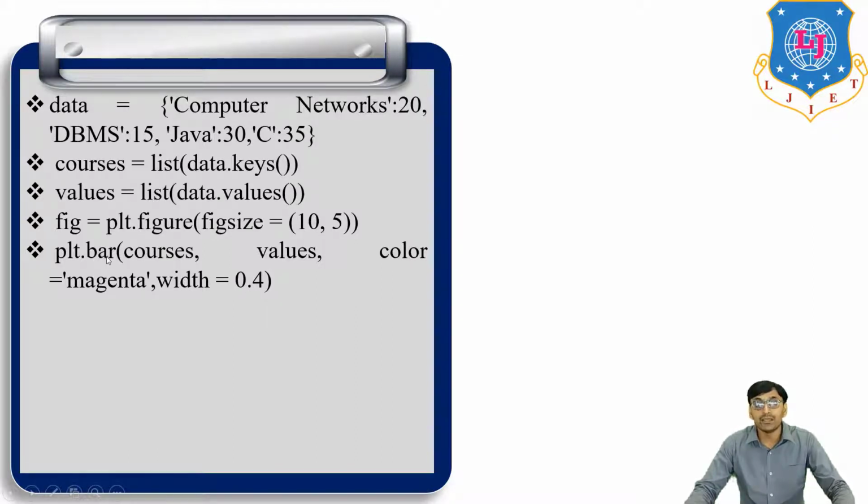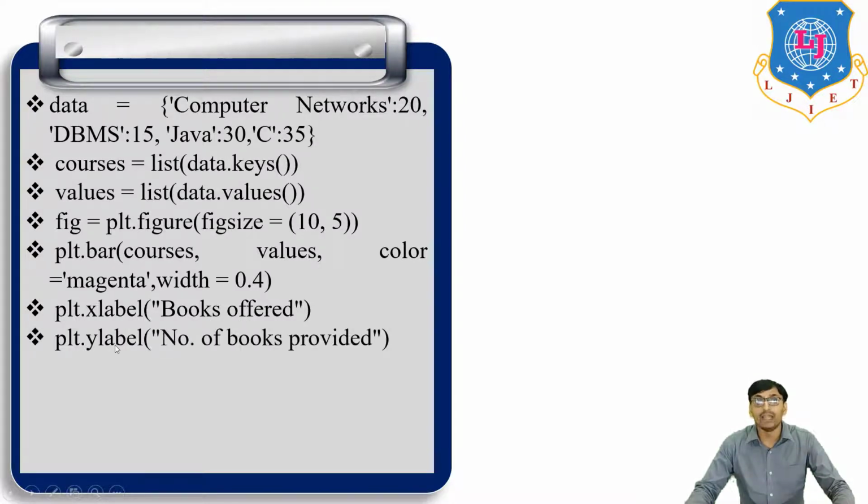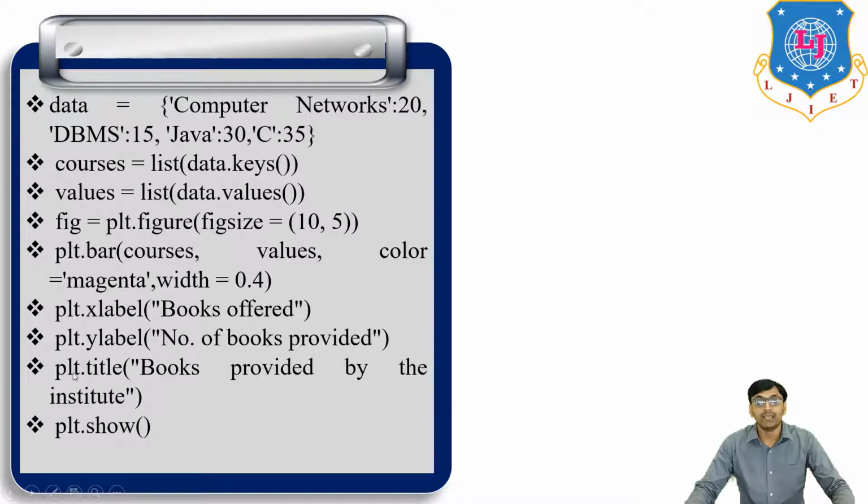So in plt.bar, we give courses, then values, then color, and then width. Then plt.xlabel, in the x-axis label, that is books offer, and in the y-axis label, that is number of books provided. Then plt.title, the title is books provided by the institute, and then plt.show.